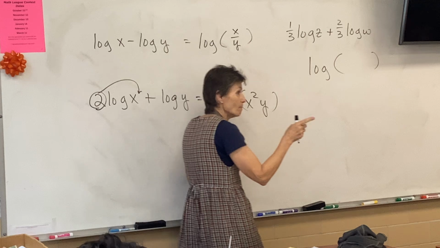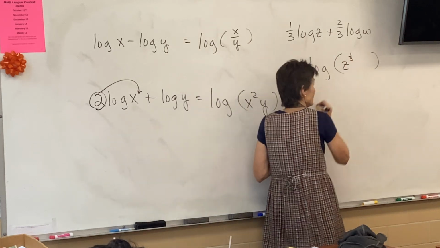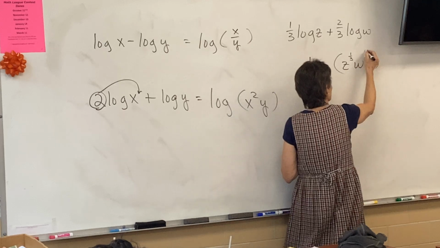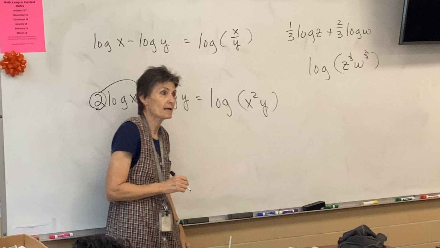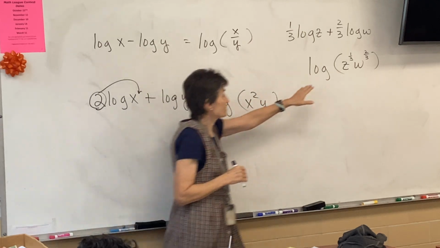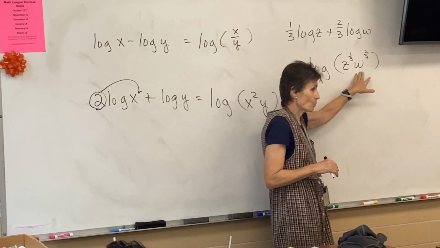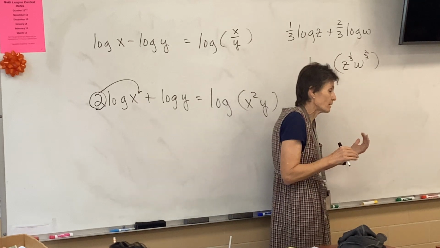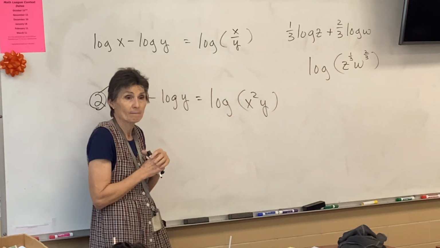So what am I going to be multiplying? Z to the 1/3 and W to the 2/3. And you can leave it just like that. Could you rewrite it as the cube root of Z and the cube root of W squared? Absolutely you could. It wouldn't be wrong if you did it, but you don't have to. You can just leave it like this.